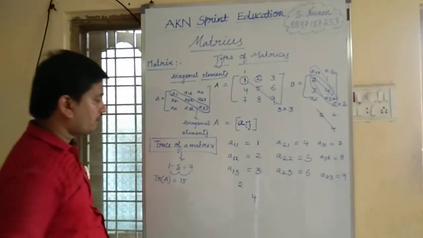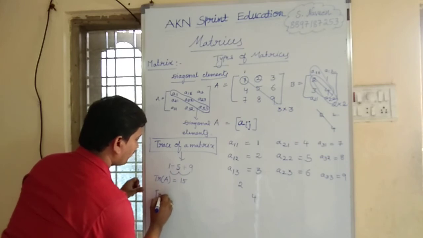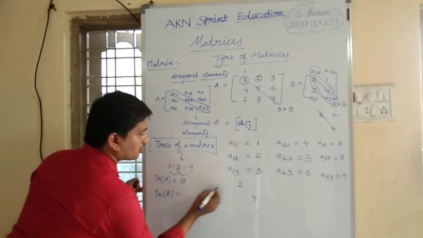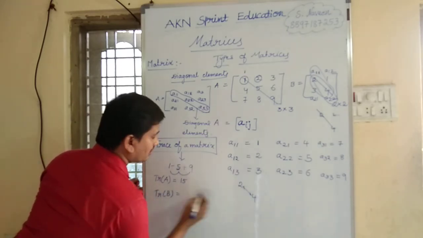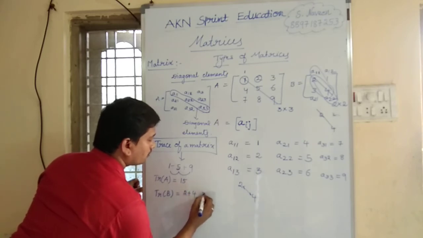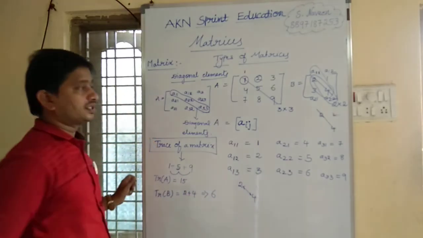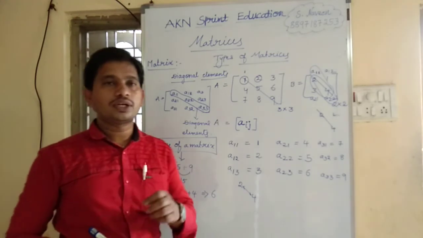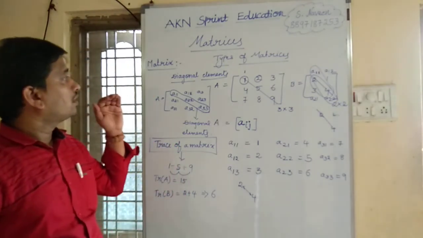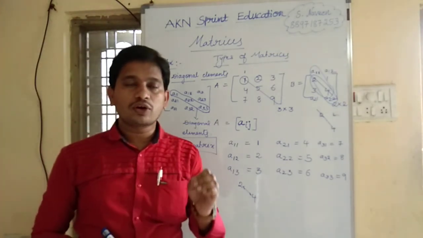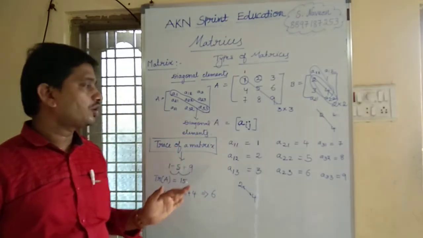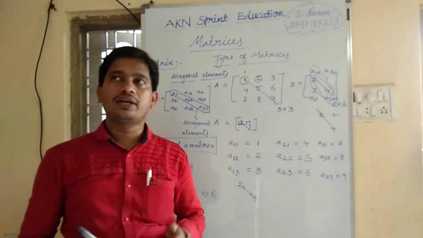What is the trace of B? The trace of B is the sum of the principal diagonal elements, that is 2 plus 4, which is equal to 6. Understood, children? Diagonal elements can also simply be called principal diagonals, and that is the trace of a matrix.